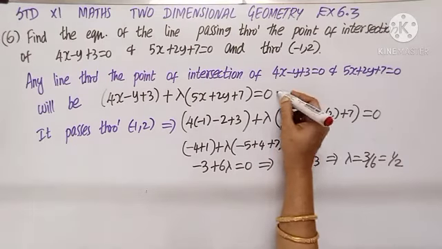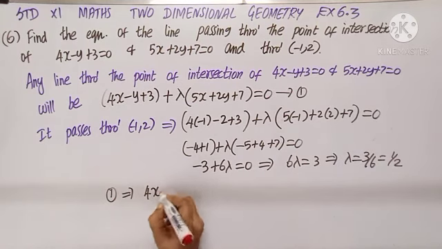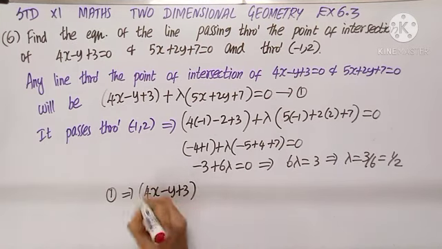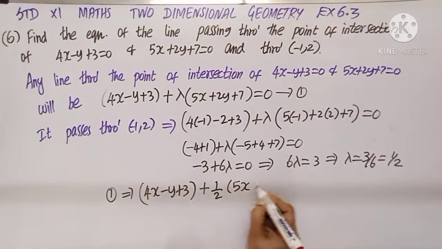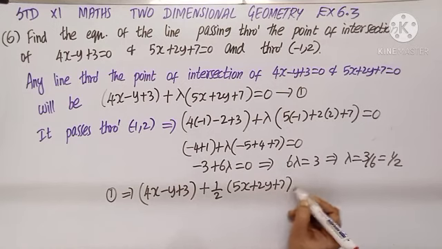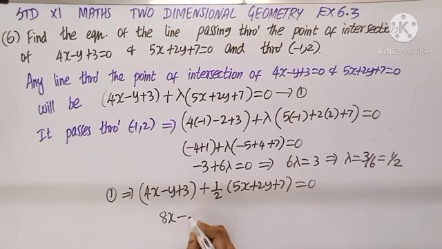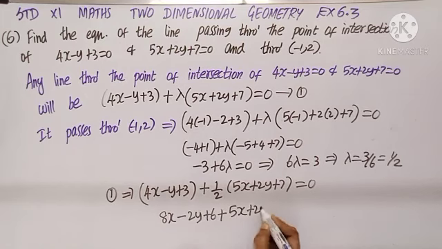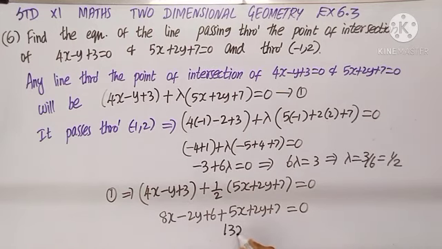Substituting back in equation number 1, I get 4x minus y plus 3 plus lambda value 1 by 2 into 5x plus 2y plus 7 is 0. Taking LCM, 8x minus 2y plus 6 plus 5x plus 2y plus 7, over 2, equals 0. 8x plus 5x, 13x.